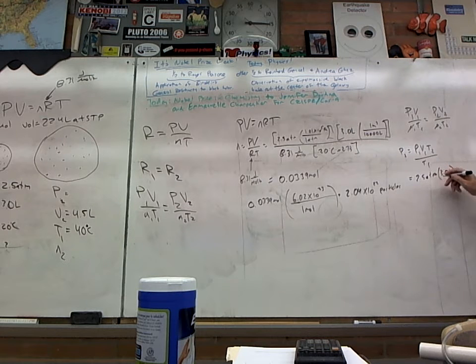They don't have to go into Pascal and cubic meters, but you'll get the same answer if you do. But the temperatures have to be in Kelvin. You can't leave the temperatures in Celsius. So what's that, 313 Kelvin divided by 293 Kelvin? And that'll get you the new pressure.